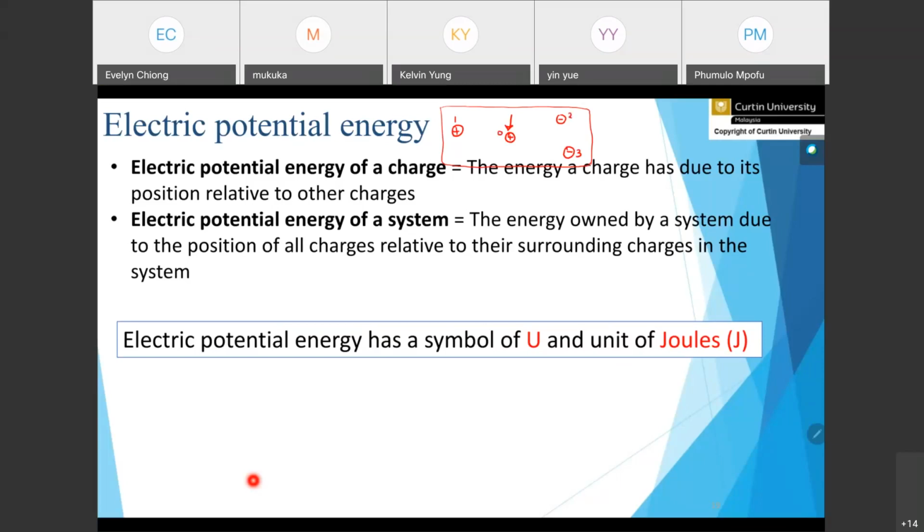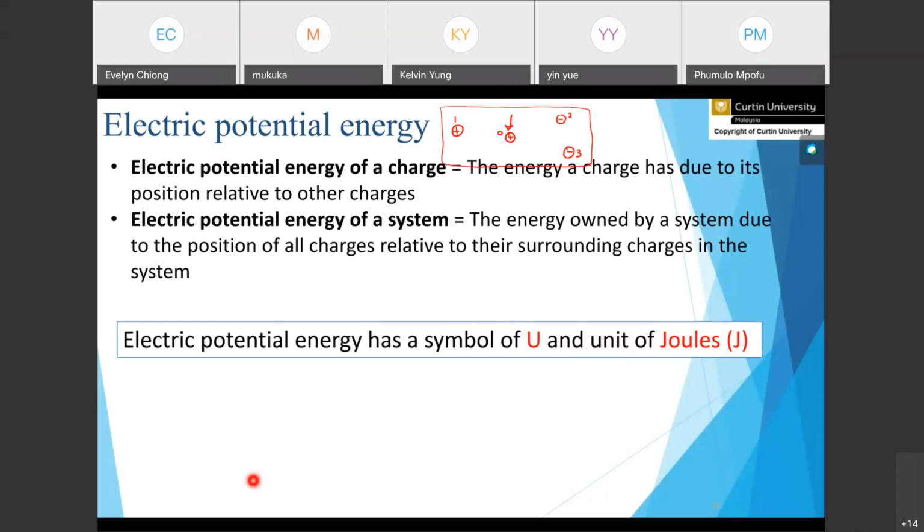So for a system, you have to compare between 1 and 0, between 0 and 2, between 0 and 3, between 1 and 2, between 2 and 3, between 1 and 3. You have to compare everyone, okay? But if just comparing one charge, then just compare that charge with the neighboring ones, all right? So that is the difference between potential energy for a charge and for a system, okay?